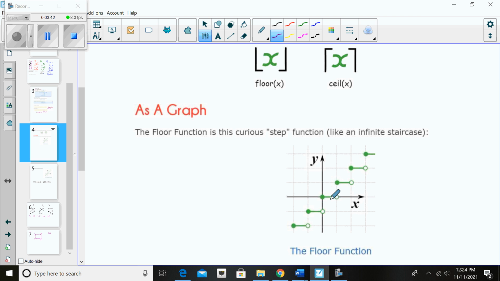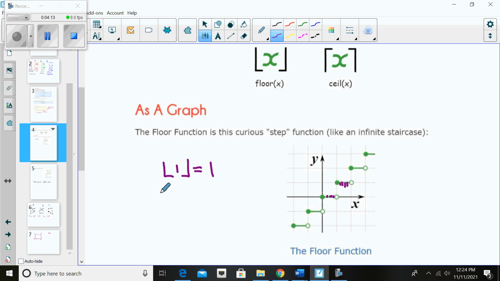Any x value that's less than 1 would map to 0. But when x is 1, we know the floor of 1 is 1, so we have the solid circle here, and then 1.1, 1.2, 1.3, 1.4, 1.5, those all map to 1.